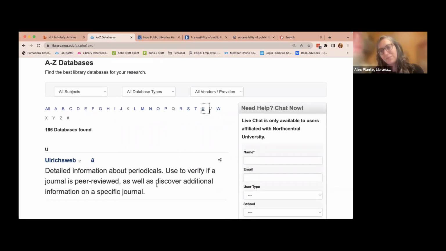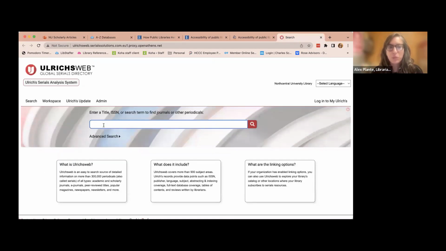So at the very least, if you can remember that this weird tool starts with the letter U, you are going to find it. So Ulrich's Web, I've already opened it up over here. Ulrich's Web is essentially a database that organizes and keeps track of journals.